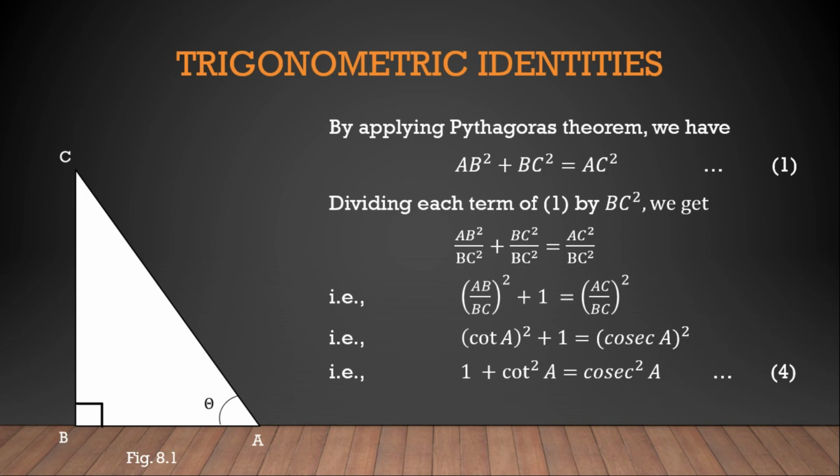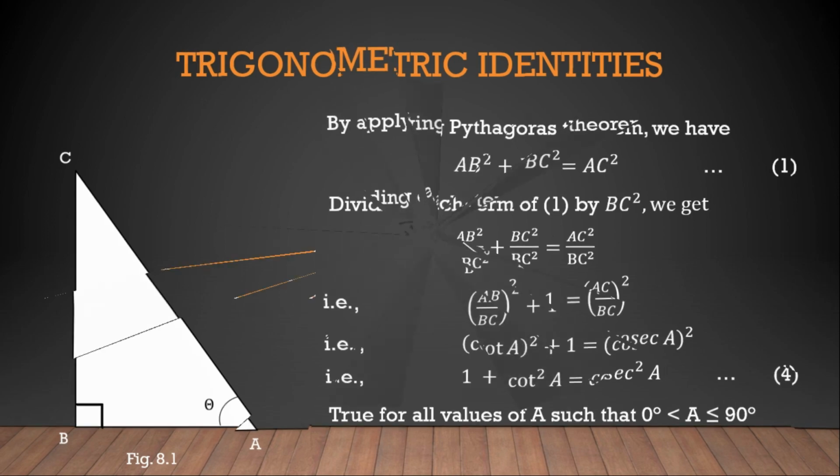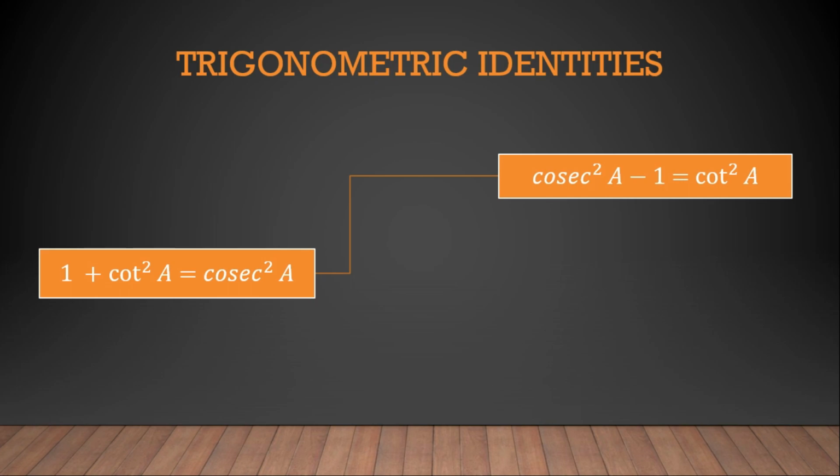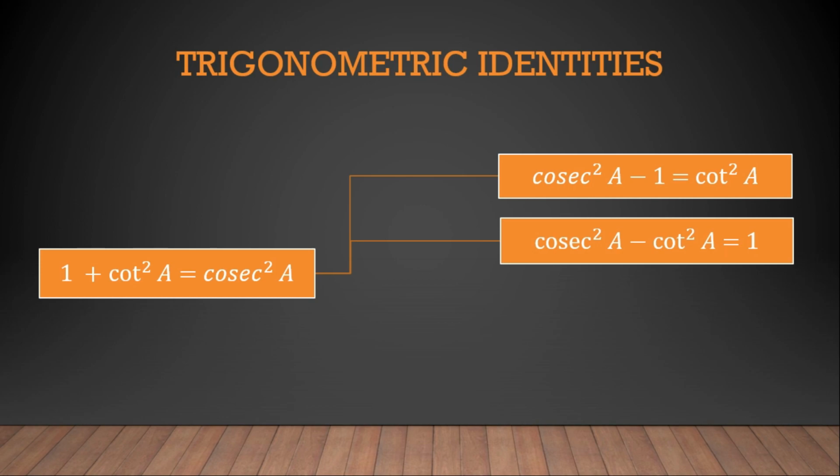Note that cosec A and cot A are not defined for A is equal to 0 degree. Therefore, equation 4 is true for all A such that A is greater than 0 degree and less than or equal to 90 degree. Now let us see how many more equations can we make from this equation. Equation 1: cosec² A minus 1 is equal to cot² A. Cosec² A minus cot² A is equal to 1.